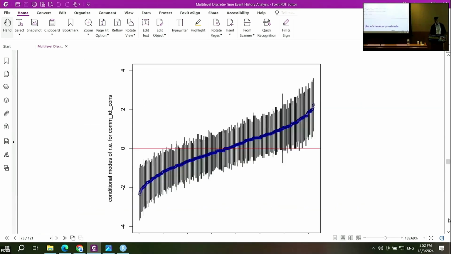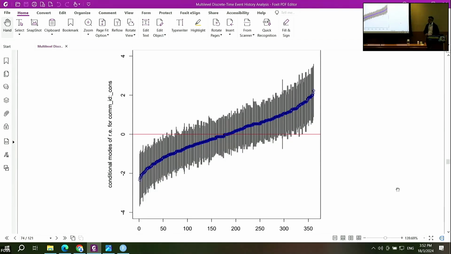Alternatively, we can calculate the community level residuals and look at the caterpillar plots. If you remember in a linear regression model, this is the distribution of the residuals ranked from the lowest residual to the highest residual. And this is the line of no effect.